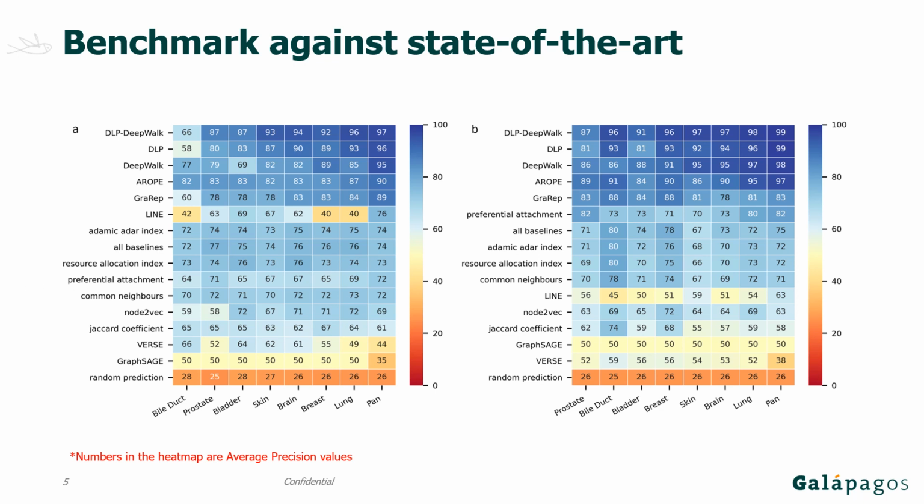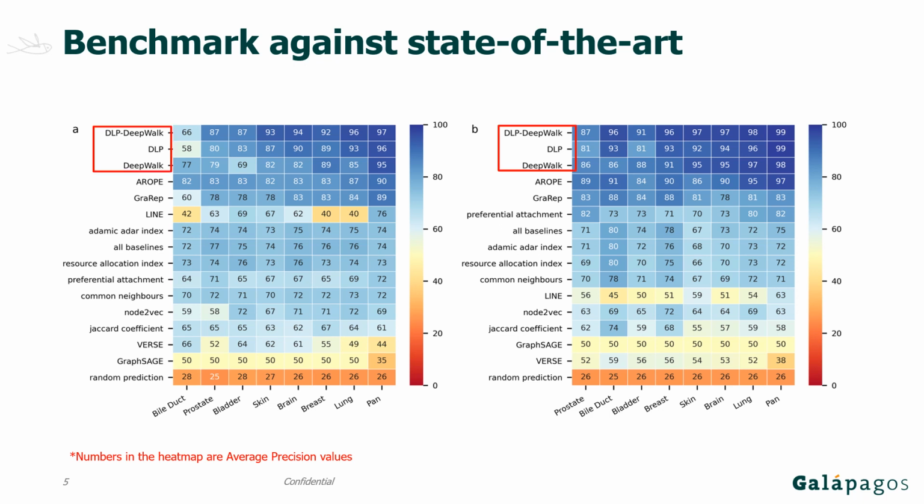Now going to the results, we first conducted an extensive benchmark against state-of-the-art link prediction methods and heuristics to assess our ability to correctly predict cancer dependencies in 7 different cancer types, as well as a pan-cancer setting. We did this by using either RNAi screening scores, which is the heat map on the left, or CRISPR screening scores on the right.